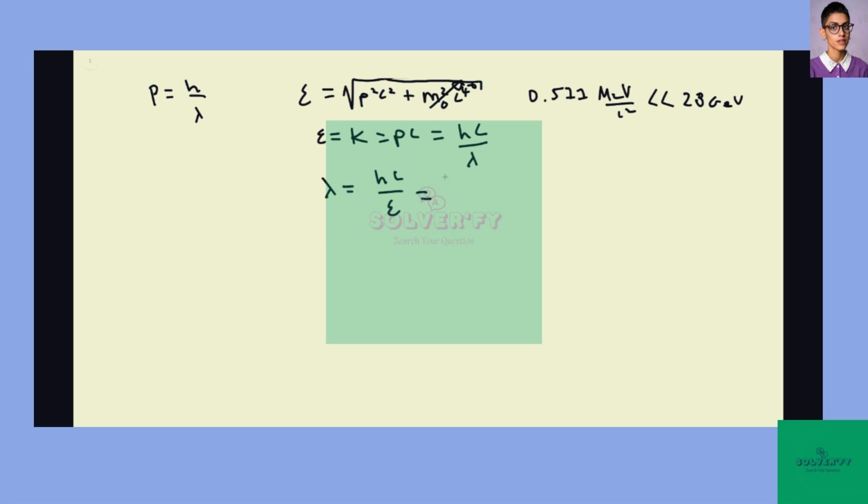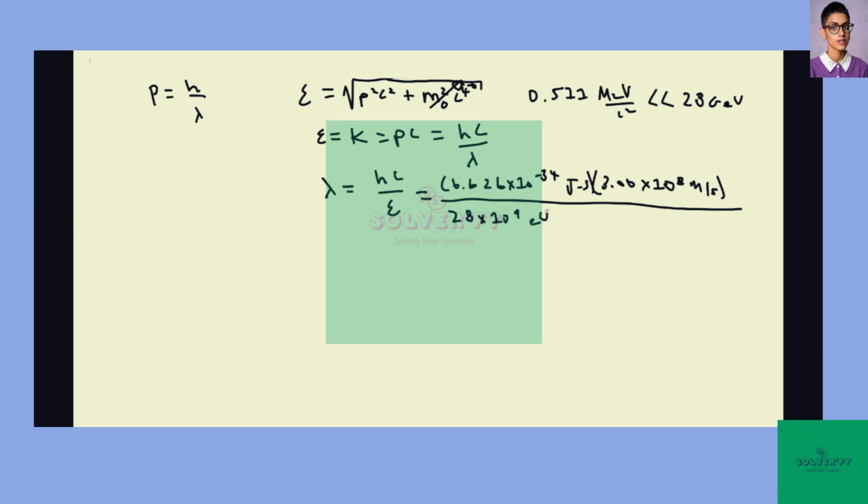Now we just plug in what we know. Planck's constant, 6.626 times 10 to the minus 34 joule seconds, times the speed of light, which is 3.00 times 10 to the 8th meters per second, divided by the energy, which is given to us as 28 giga electron volts, so 28 times 10 to the 9th electron volts.